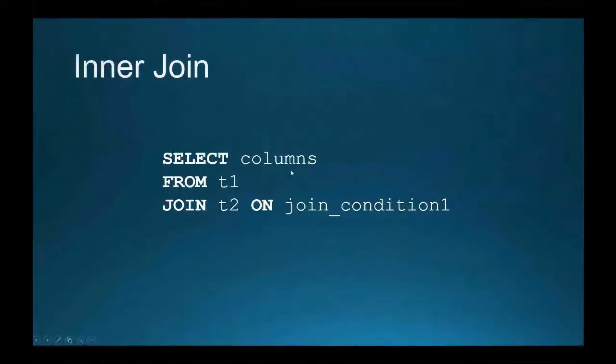So after saying that that's mostly useless, let's show you one that is actually mostly useful. And this is select columns from T1, table 1, join T2, and we're going to add a command to it called on, with a join condition. So we're going to add a condition to our join. And this is called an inner join.